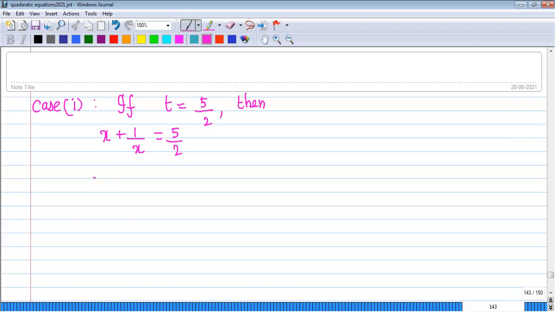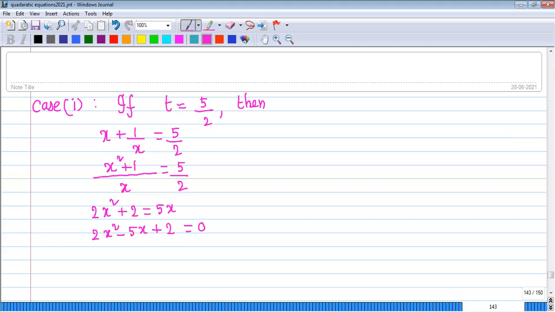Again, take x as the LCM: (x² + 1)/x equals 5 by 2. By cross multiplication, we get 2x² + 2 equal to 5x. This is 2x² − 5x + 2 equals 0. Now we get a quadratic equation in x and we need to solve it. 2 times 2 is 4, so this we can write as 2x² − 4x − x + 2 equals 0.